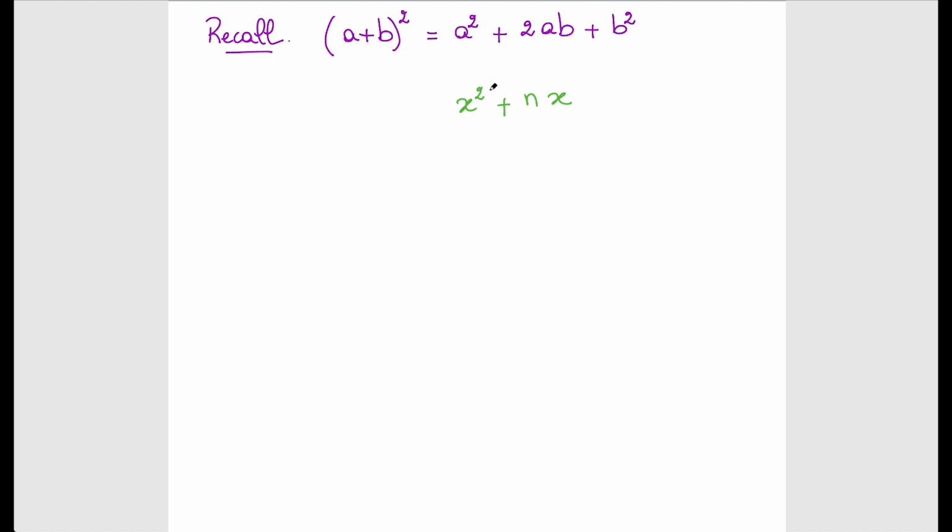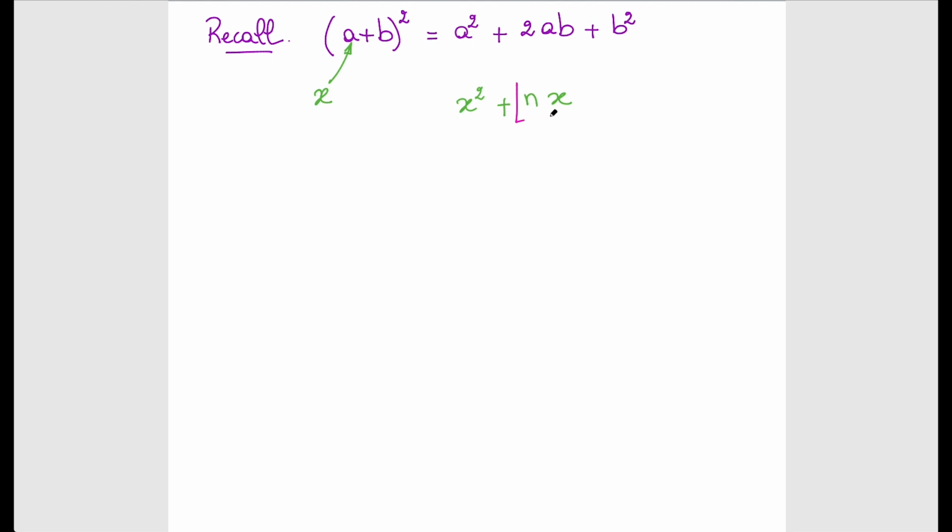If you make a direct comparison between this and this, you're going to realize that I can take a in the formula to be x, correct? So I can take this to be x. And the question becomes, if this is x, what's b?